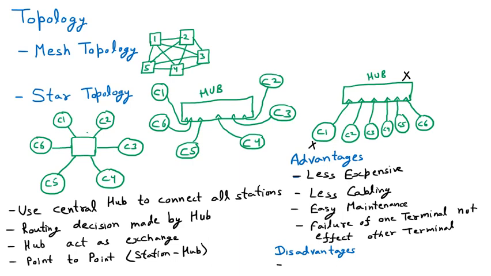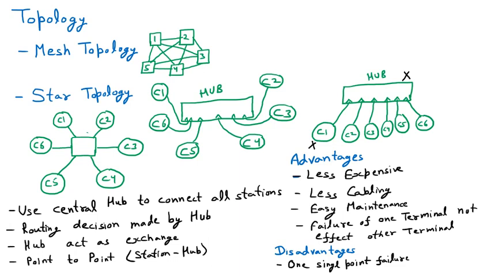So that means the whole network is dependent on the center point, that is the hub. So we can say that it is the one single point of failure, and that one single point of failure is the hub. So if the hub is not working, then everybody is not working, so the network will fail.